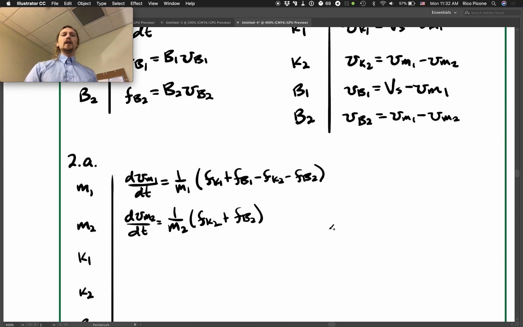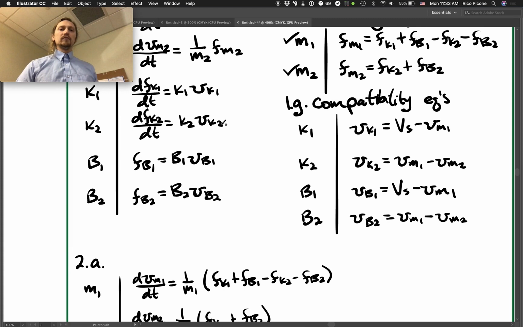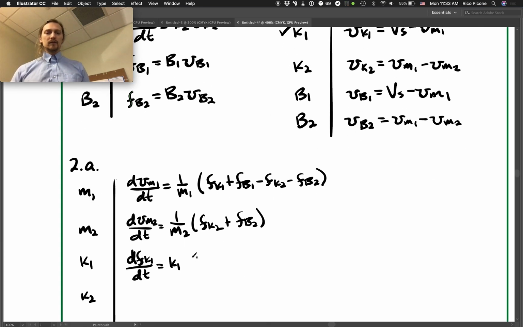And then K1 was dFK1/dt equals K1 times VK1, right? But now we're going to get a compatibility equation for it. VK1 is just VS minus VM1.